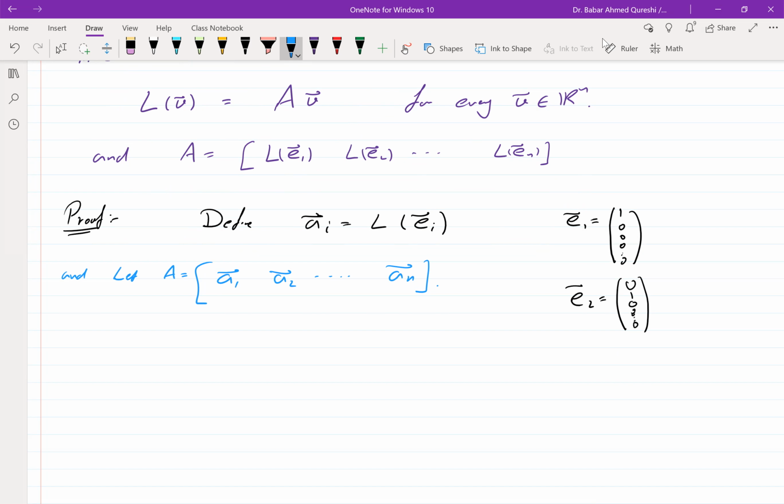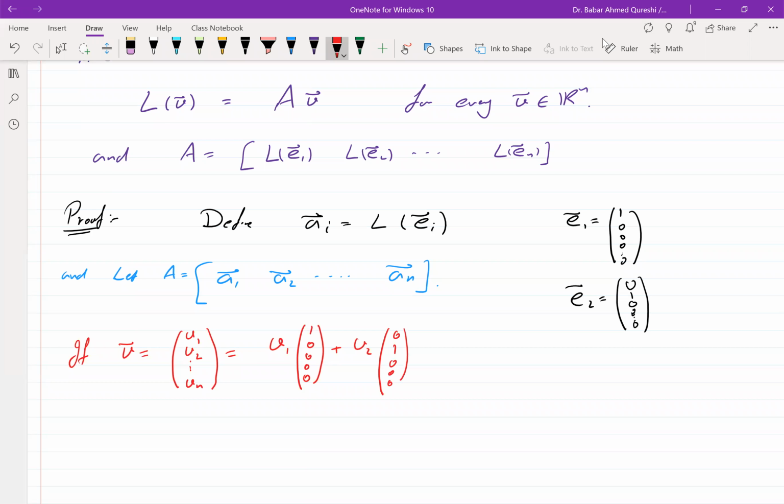Now I have to check the action on any arbitrary V. Any arbitrary V, this is again just a reminder, is like that, which is actually equal to, we can think of it like this, that these components are the coefficients in the expansion in your standard basis.